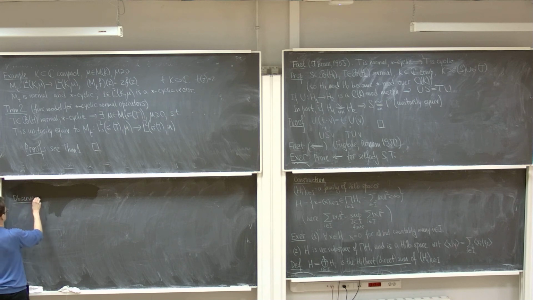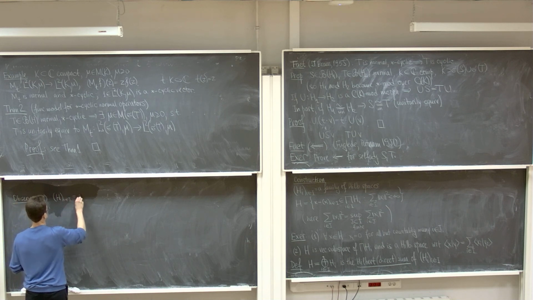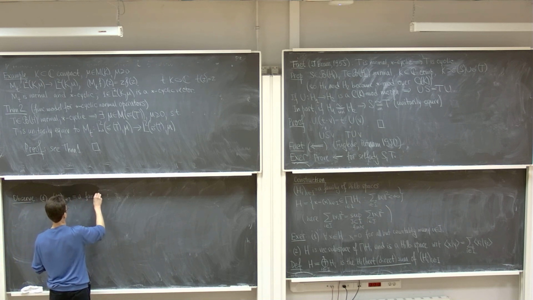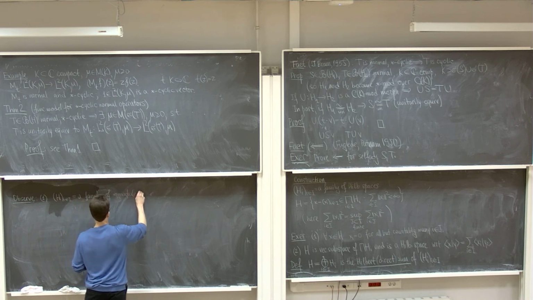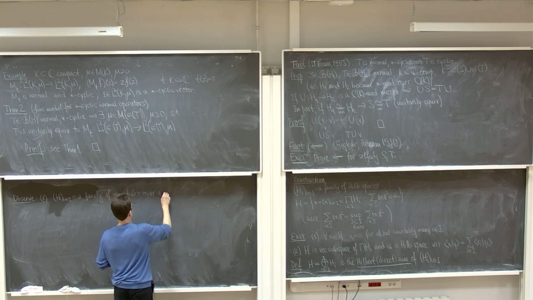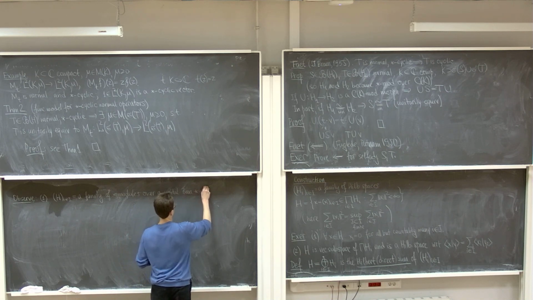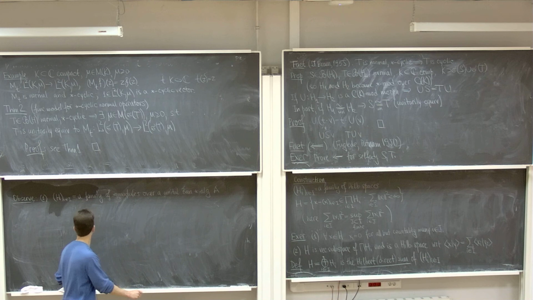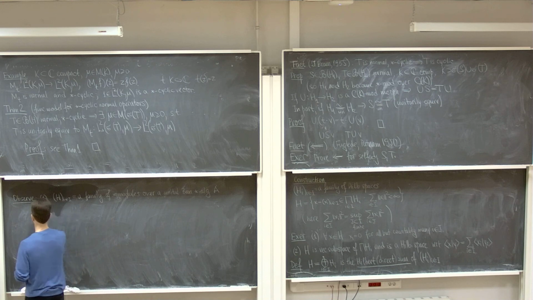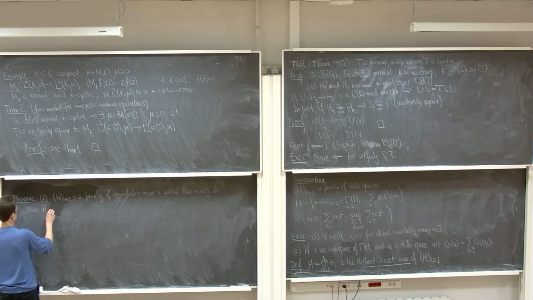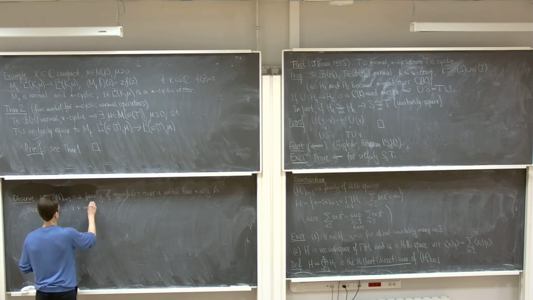So first of all, let's observe that if H_i is a family of star modules over a unital Banach star algebra A, then H, their Hilbert direct sum, also becomes a star module over A.